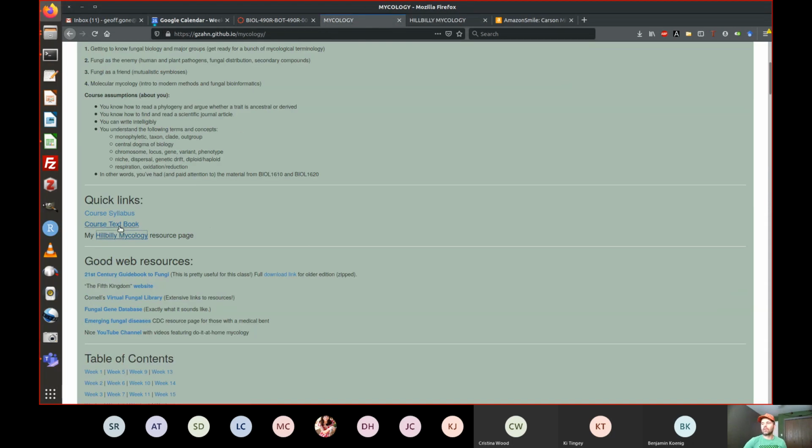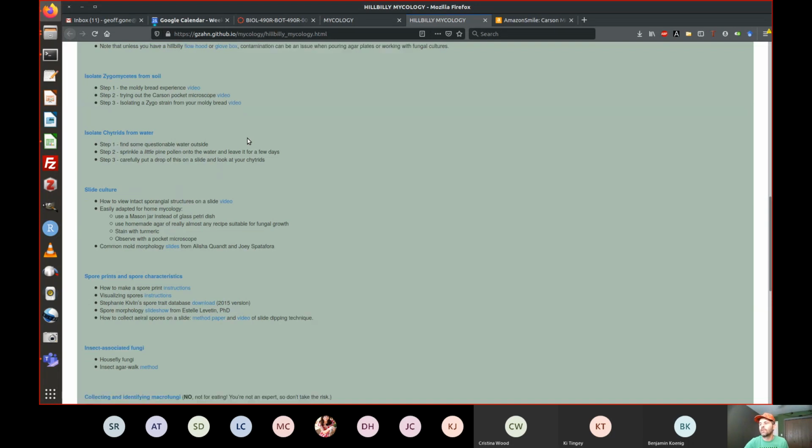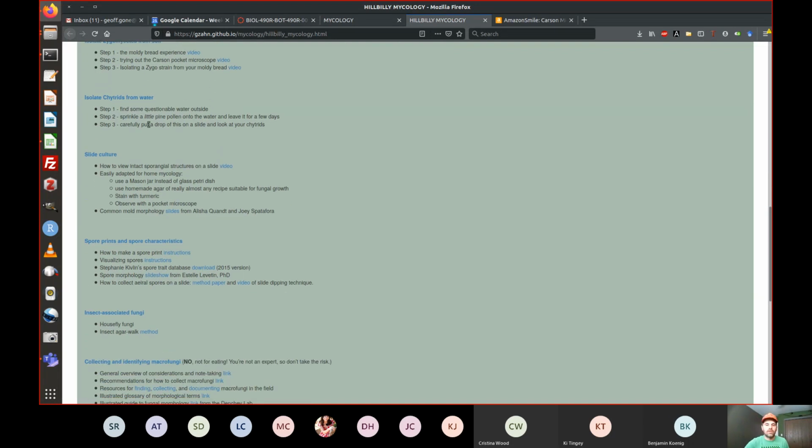So that's our quick links right there. If you're looking for a protocol, that can link you to videos about how to isolate zygomycetes. These are just some where I'm demonstrating the use of this little microscope with some moldy bread, essentially. We're going to isolate chytrids from whatever water source you want.